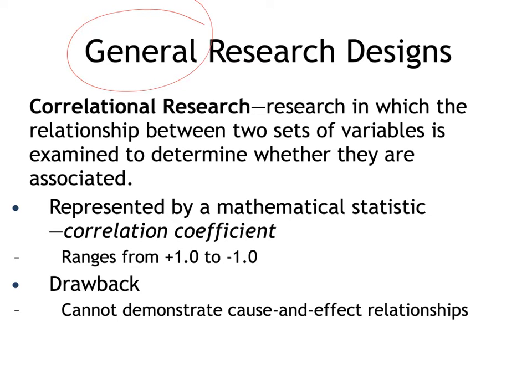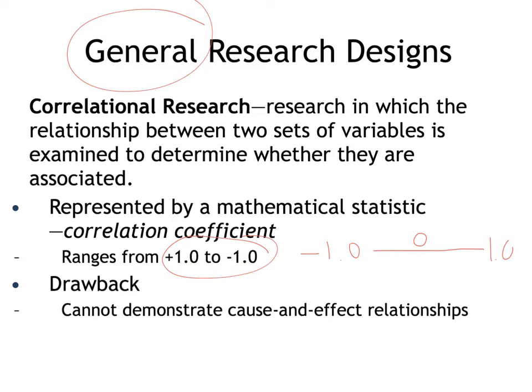This is typically mathematically represented through numbers ranging from negative 1.0 to positive 1.0, with 0 being in the middle. With 0 in the middle, that would basically mean that there's no relationship or no correlation.